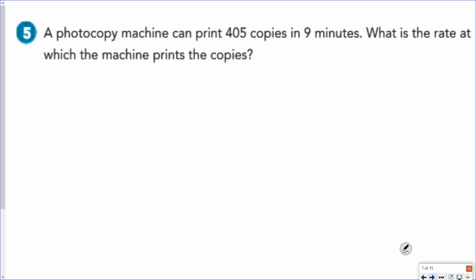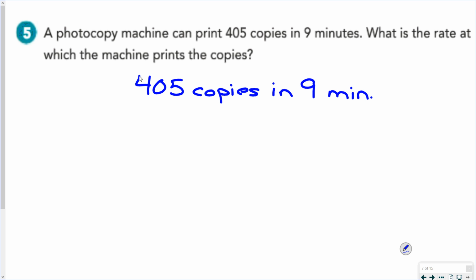So if we have a photocopy machine that can print 405 copies in 9 minutes, we want to find the rate. So very similar to what we just worked on with the previous question. We have 405 copies in 9 minutes. If we want to know the rate at which the machine prints the copies, so we're figuring how many copies we can get done.